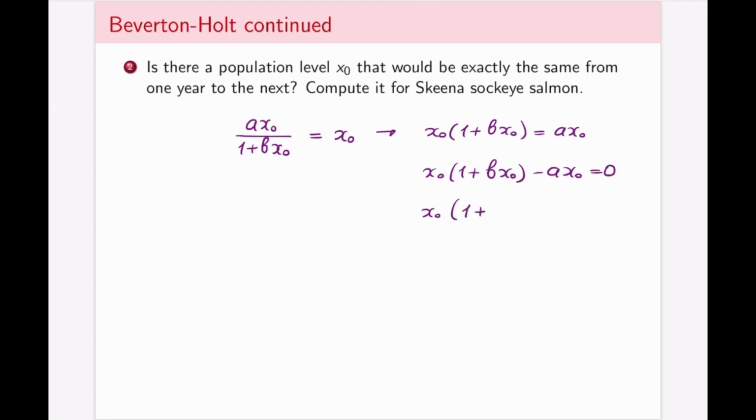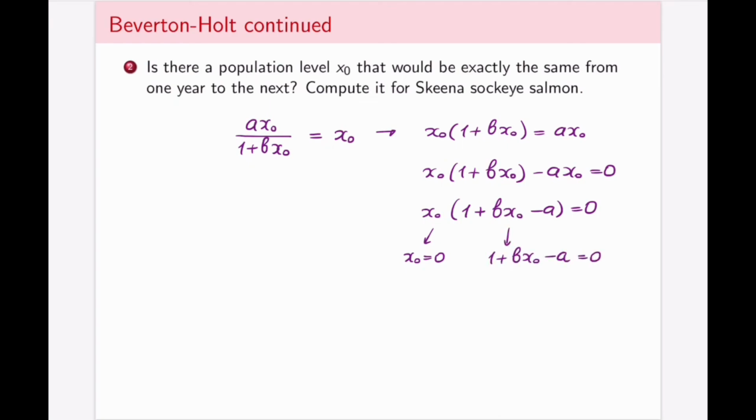And in the brackets, I'm going to have 1 plus BX naught from this term here. And once this X naught traveled outside, I'm going to have minus A, is equal to 0. And once again, factoring is fantastic because either that means that X naught is equal to 0, or it means that this entire bracket is equal to 0.